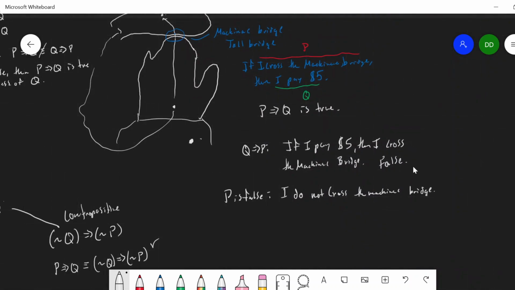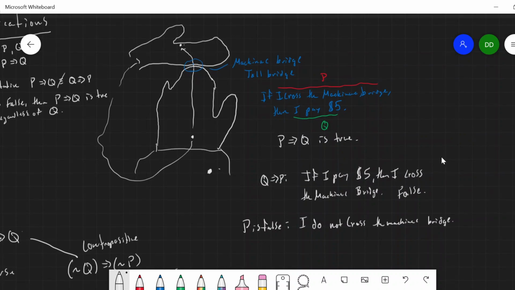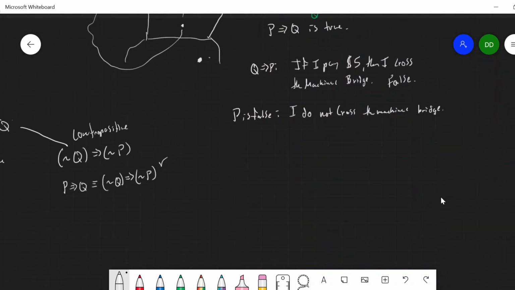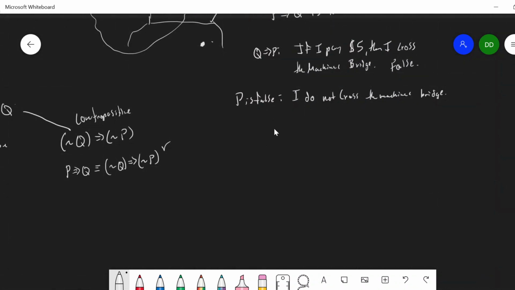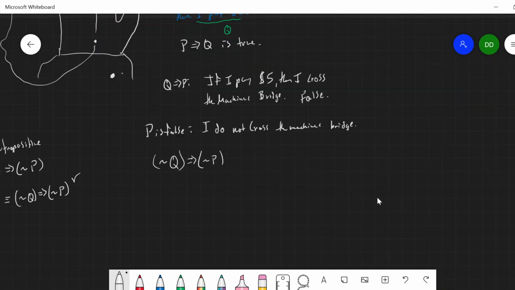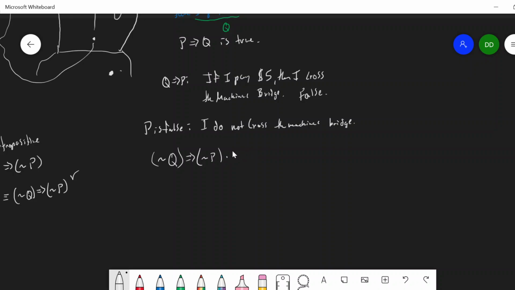So going up with this example, if I cross the Mackinac Bridge, then I pay $5. Going along with this, what's the contrapositive in this case? Not Q implies not P. So Q was I pay $5. So this would be I do not pay $5. So that's an implication.